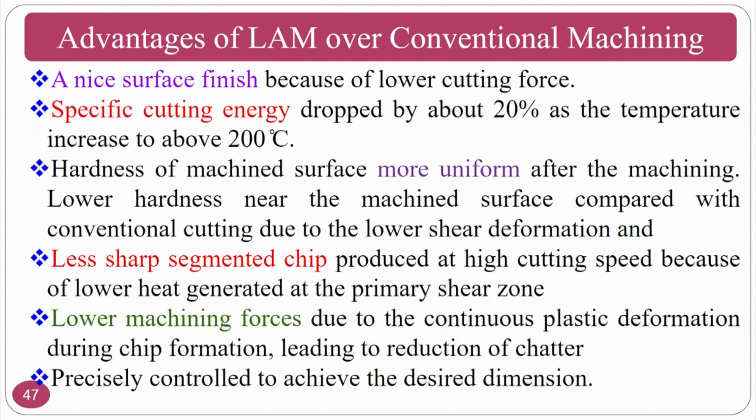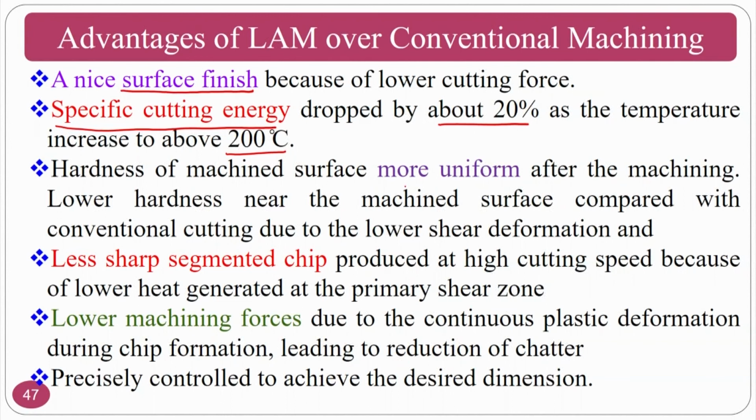Okay. The advantages of laser assisted machining over the conventional machining process are that you will get a good surface finish and the specific cutting energy will be less, approximately dropped by 20%, as the temperature in the machining region of the workpiece material is increased, not the tool material, because the laser is focused on the workpiece material.